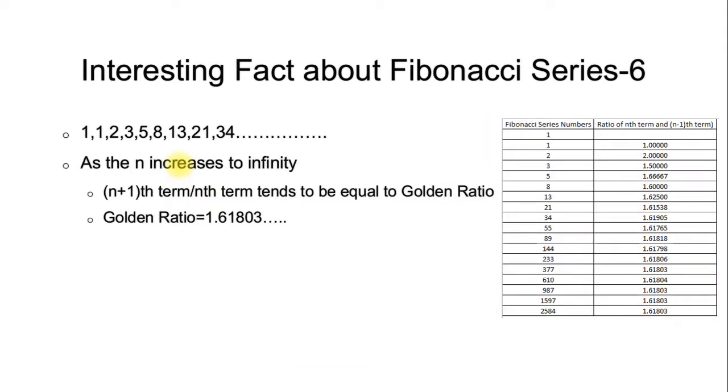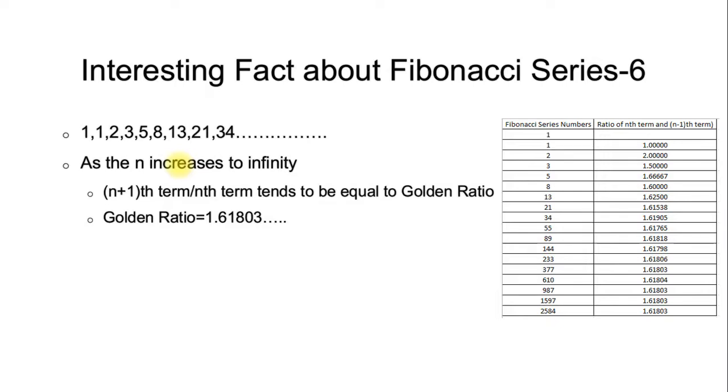Now, the sixth interesting property of this series is that in the Fibonacci series, the ratio of two consecutive terms tends to the golden ratio as the series goes towards infinity.